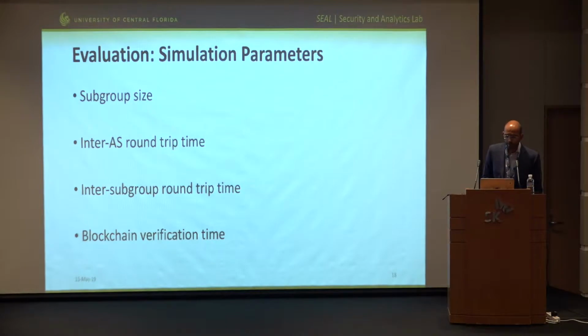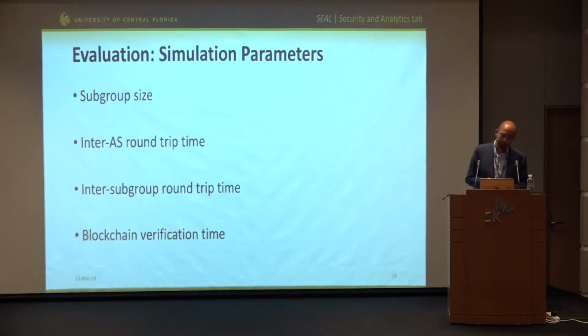So we do a very quick evaluation with simulation to understand the time parameters, just to put some numbers on the evaluation. We make the assumption of the subgroup size as before, the inter-AS round-trip time, just the current latency on the internet between two peers from different ASs.